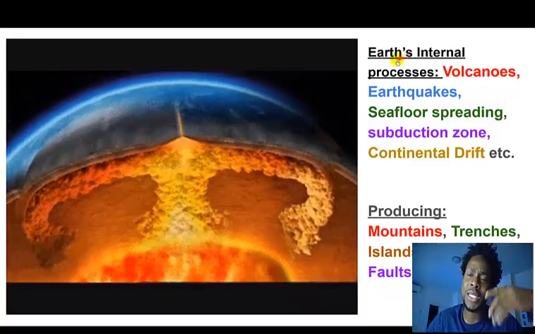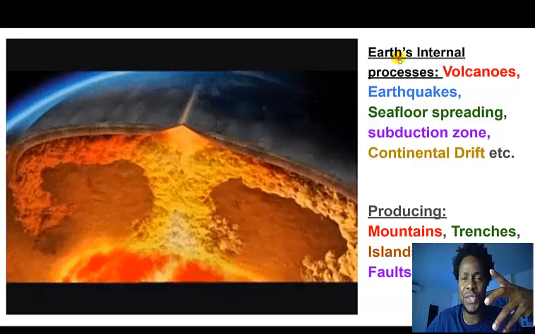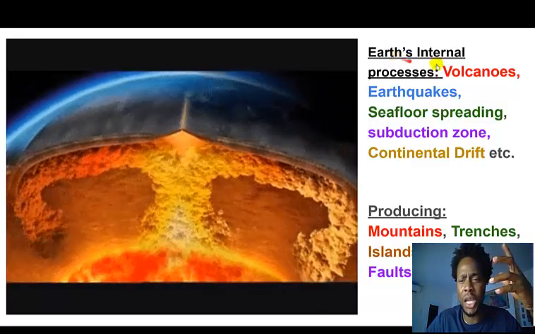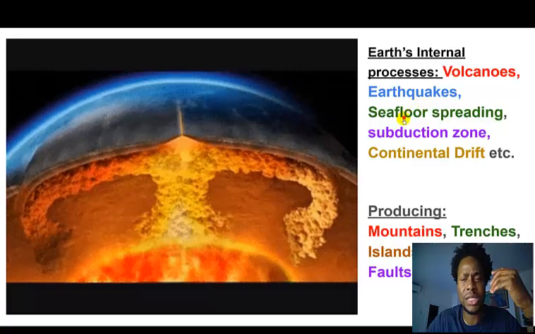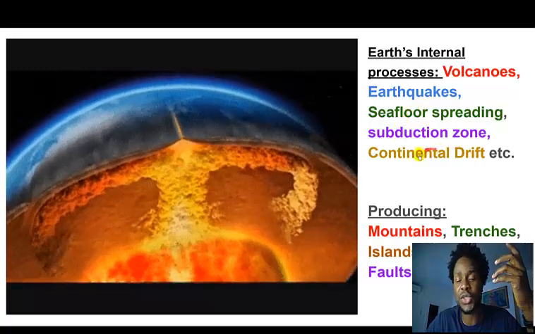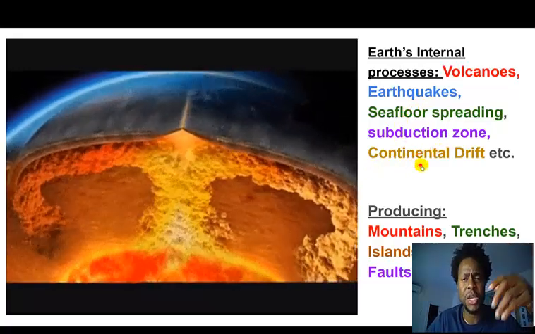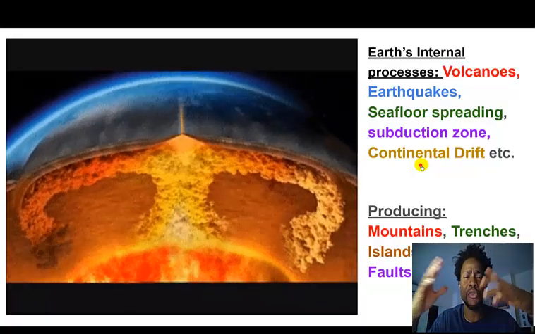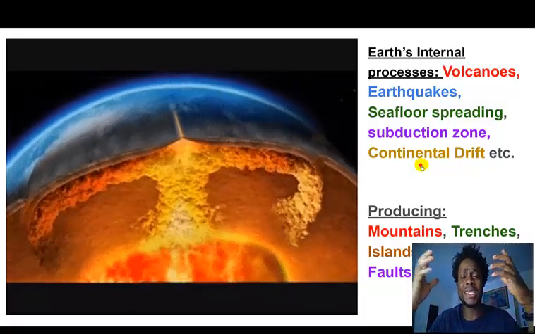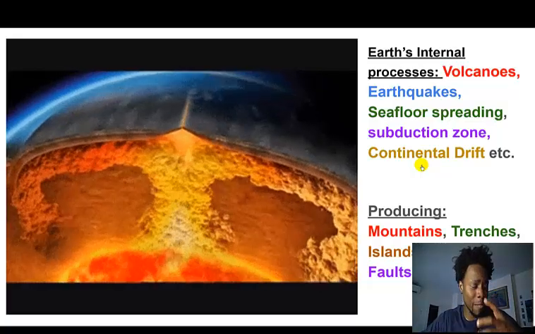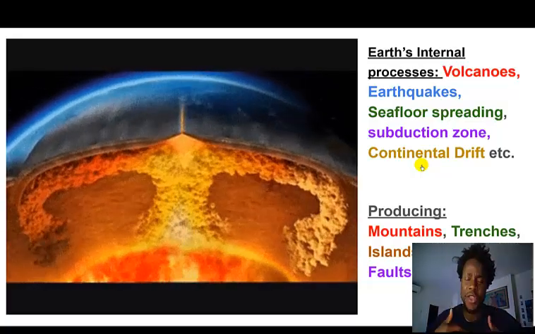So we're going to call that Earth's internal processes, and those processes include volcanoes, earthquakes, seafloor spreading, subduction zones, and continental drift. So all of those are the processes that result from the internal layers, the things happening inside of the Earth.